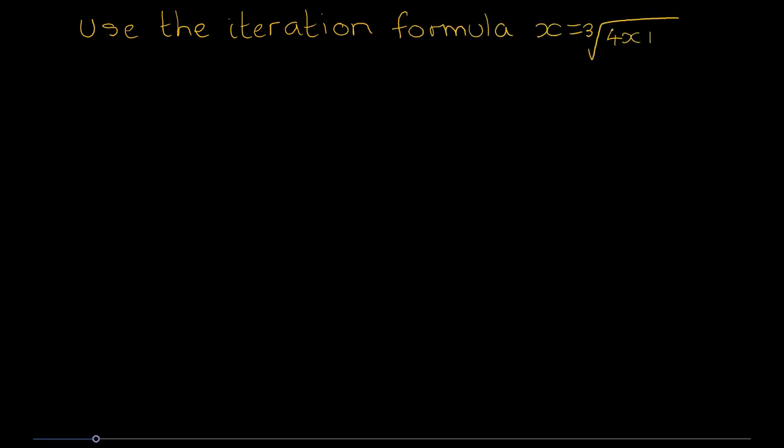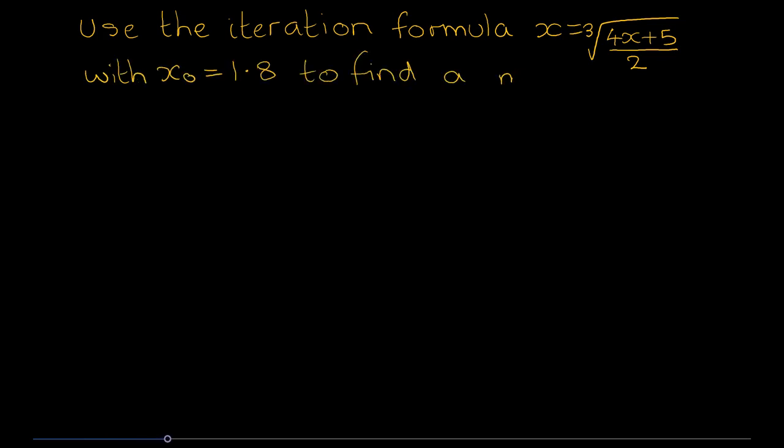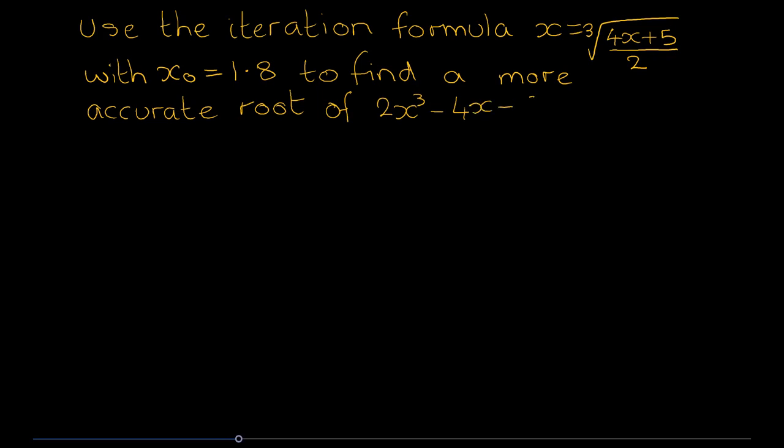Use the iteration formula x equals the cube root of (4x plus 5) over 2 with x0 equals 1.8 to find a more accurate root of 2x cubed minus 4x minus 5 to 2 decimal places.